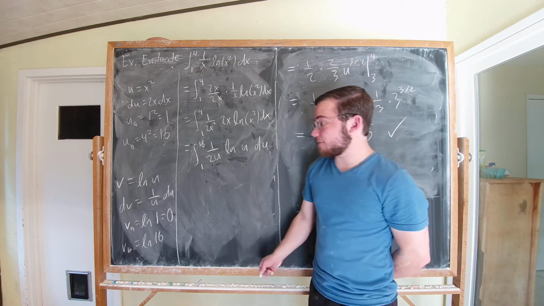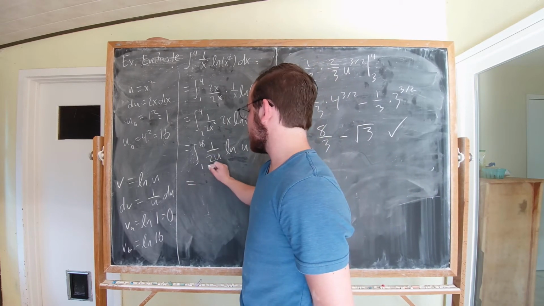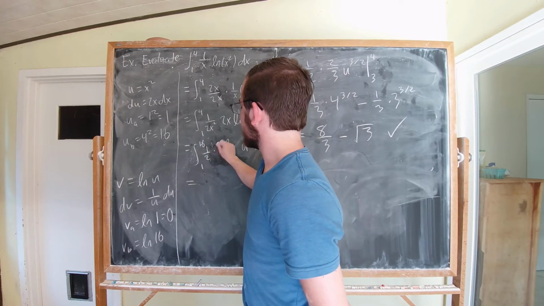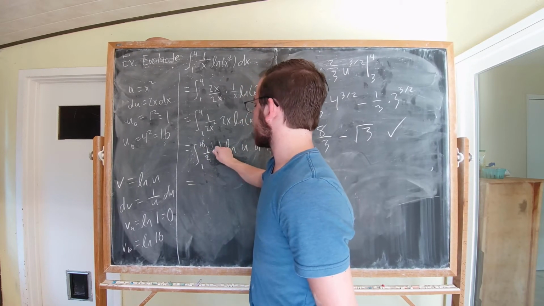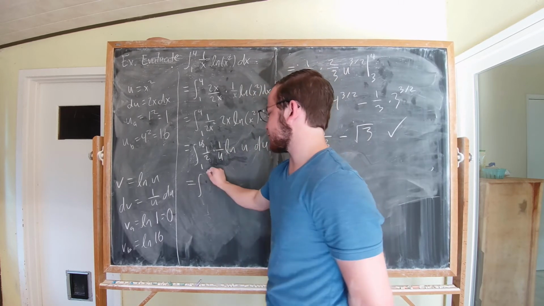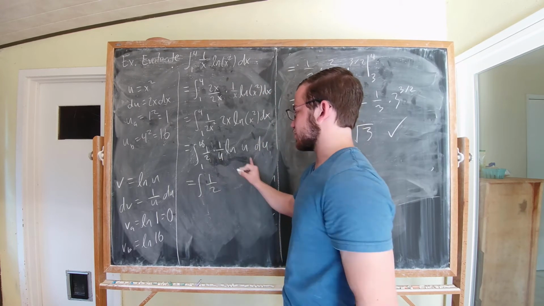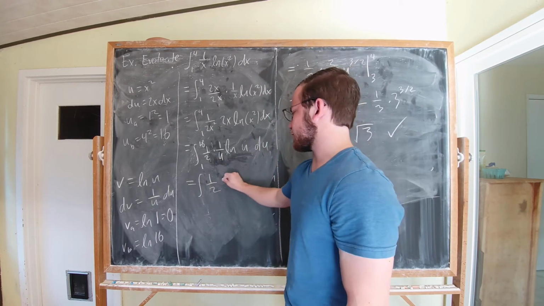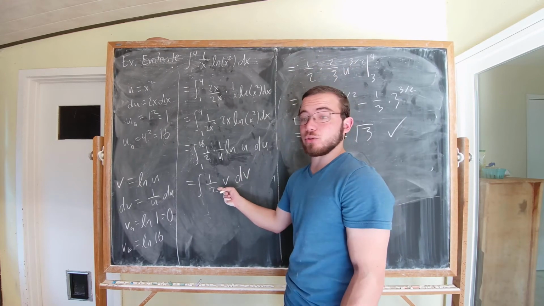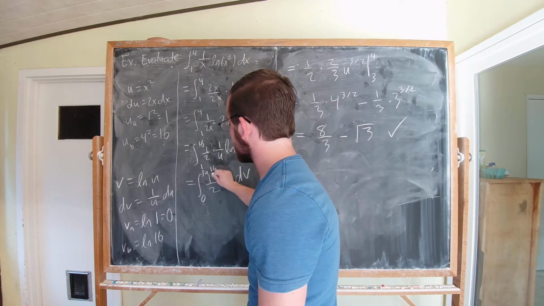So if we did our v substitution, 1 over 2u is really 1/2 times 1 over u. So now we're automatically going to be able to do our v sub, and we get 1/2 times 1 over u du is our dv, natural log of u is our v, so we'd have 1/2 v dv. Cool. An integral we know how to do, and our boundaries would be 0 to the natural log of 16.